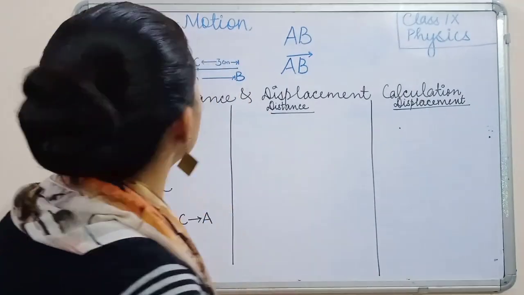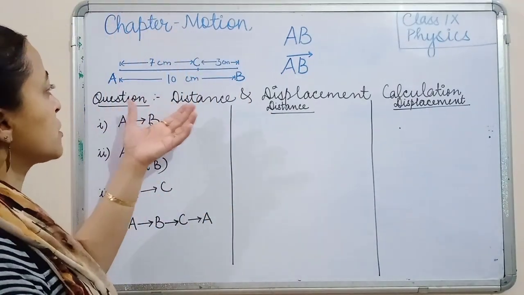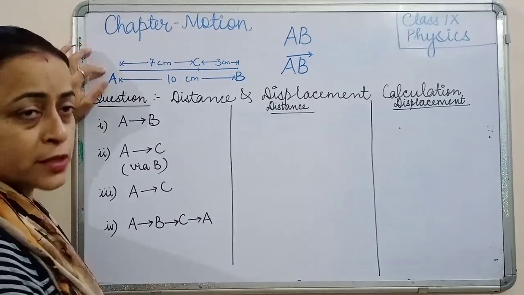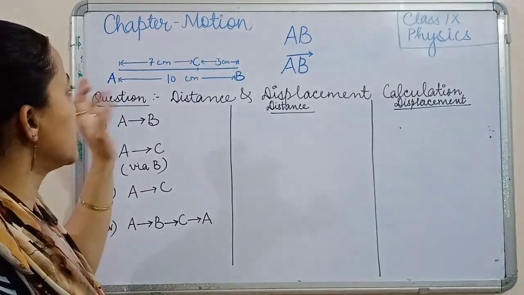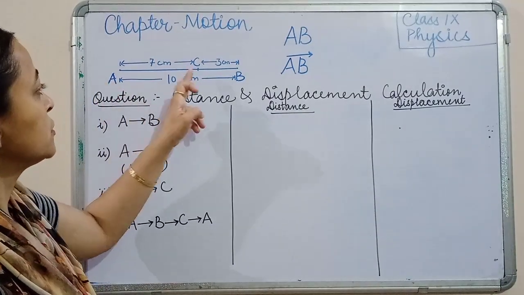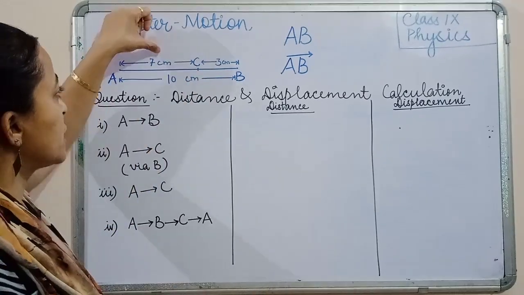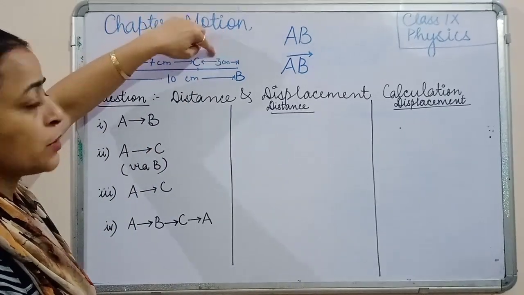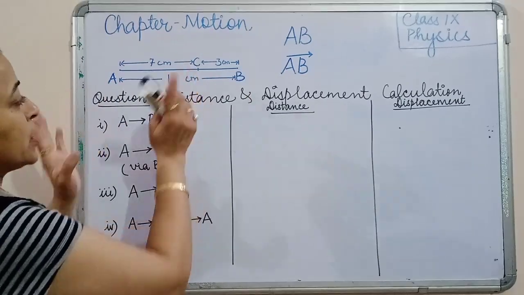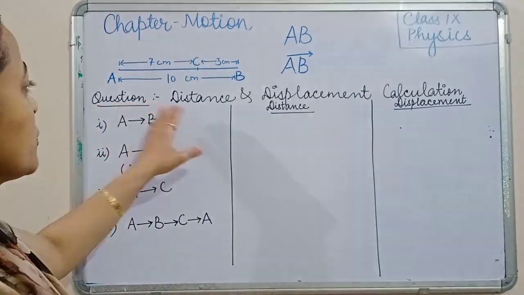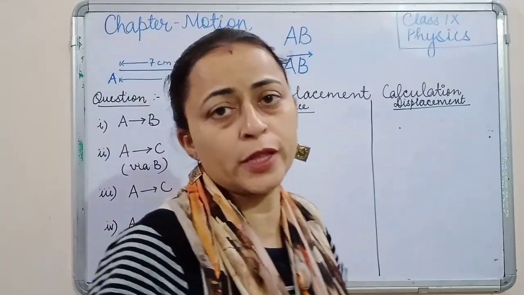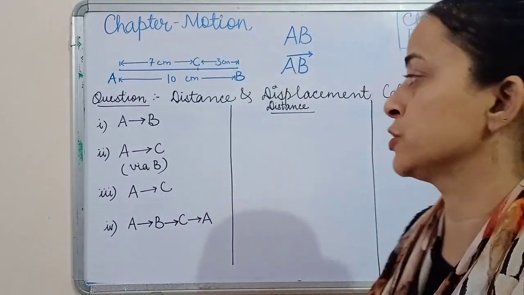Let's make it more clear by taking one example. I have taken a situation where I have marked the distances on the picture itself. From point A, the distance up to C is 7 centimeters. CB is 3 centimeters. AB is 10 centimeters. Now the question is, we have to find out distance and displacement for different positions.